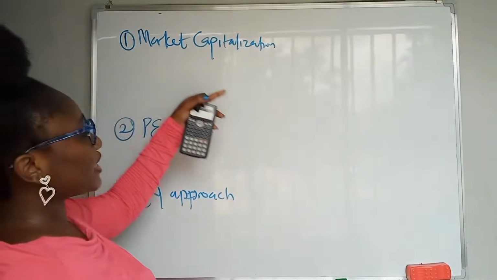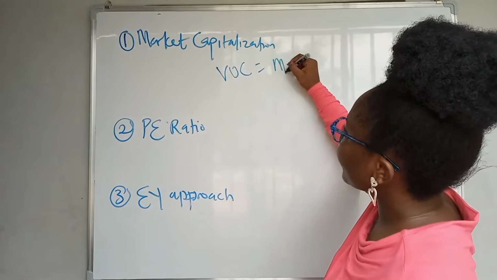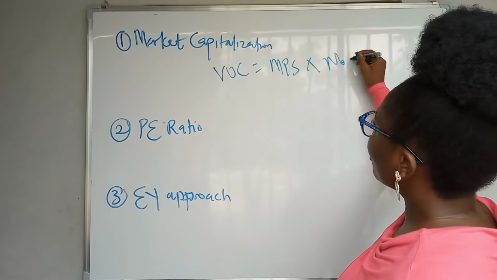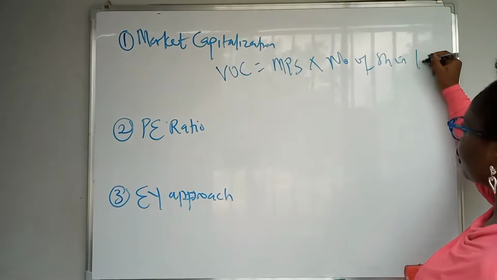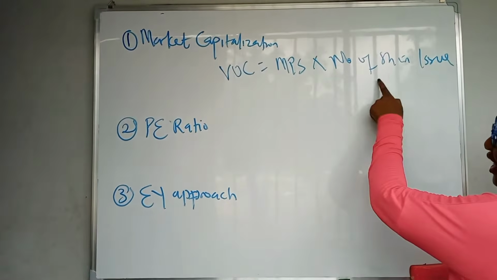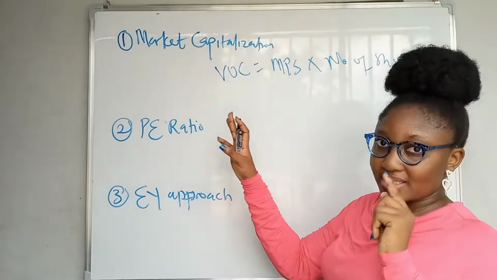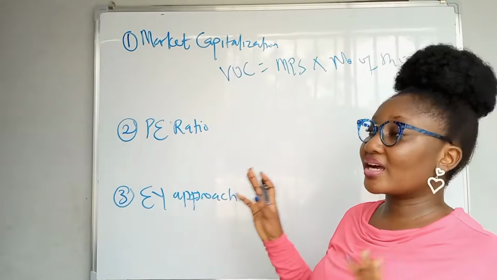So for market capitalization, the formula to use when you are trying to value a company is to take the market price per share multiplied by the number of shares in issue. Is it clear? Market price per share times number of shares in issue. That is how you value a company based on the market capitalization approach, which is under the income-based method.